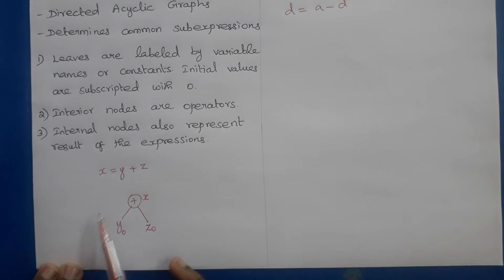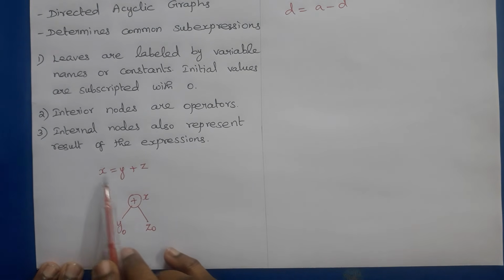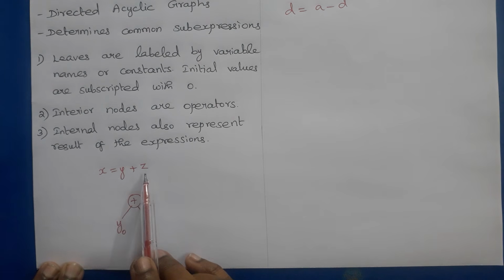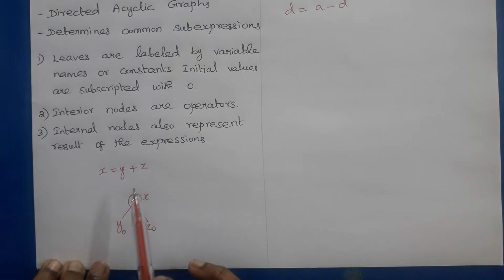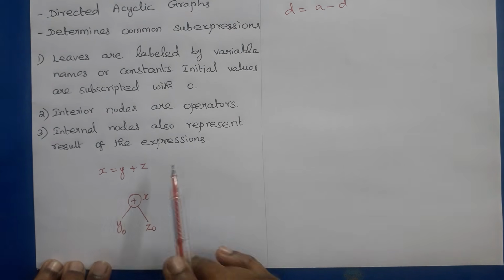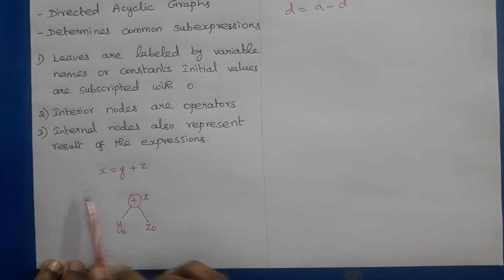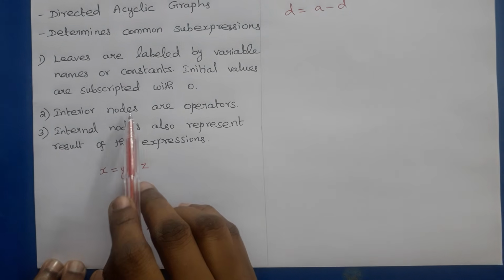For example, consider the three address statement x equal to y plus z. DAG is used for representing a basic block, so assume that the basic block has only one statement. For y plus z, the interior node is the operator.